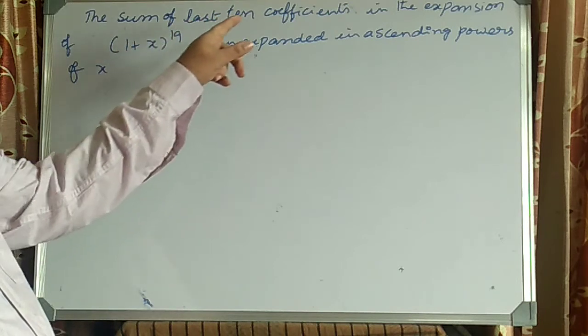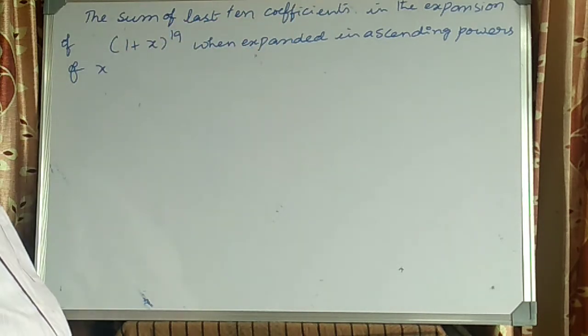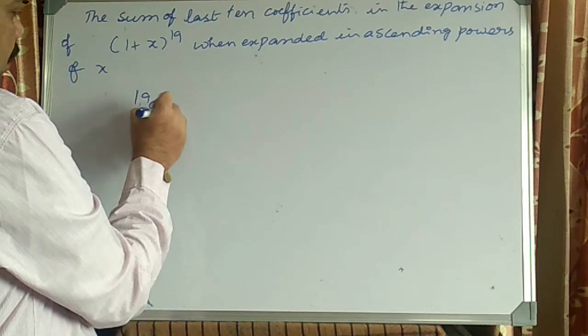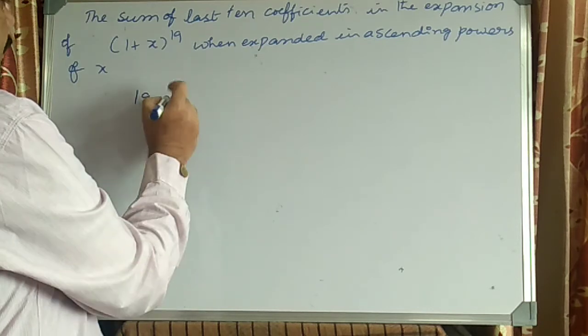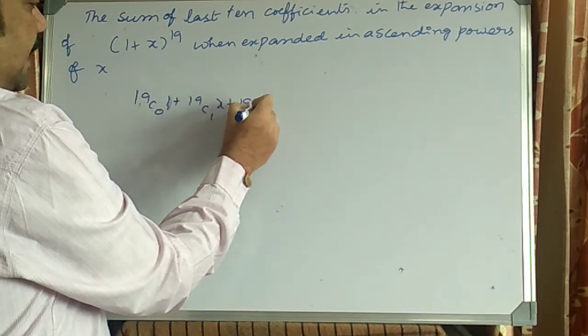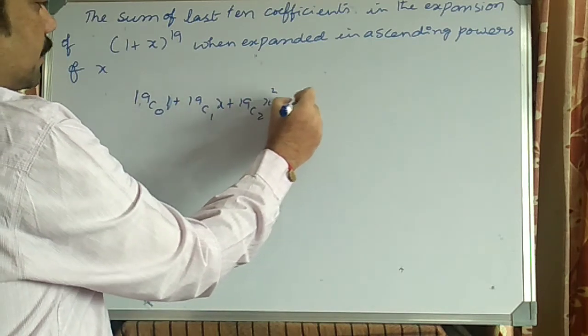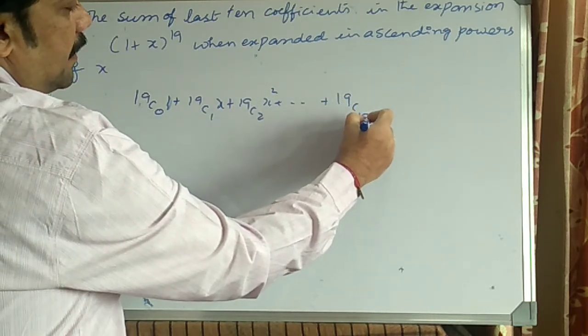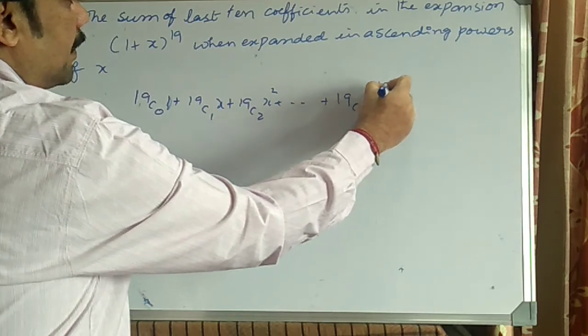The sum of the last 10 coefficients in the expansion of (1 plus x) whole to the power 19, when expanded in ascending powers of x. You can see the terms are nothing but 19c0 into 1 plus 19c1 into x plus 19c2 into x square, continued up to 19c19 into x to the power 19.